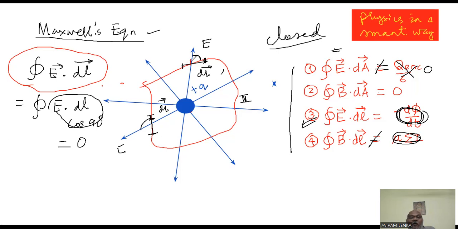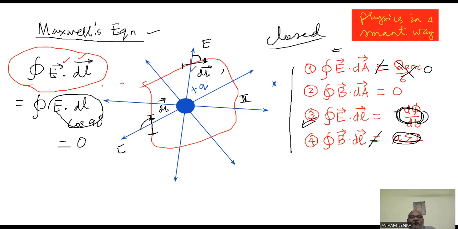I find all possible pairs of E and dl, make the dot product, that is E dl cos theta, and then add all those things. A trillion additions have to be made because it's integration and dl is a very small displacement. But we are theoretically analyzing it, we don't have to do it practically.